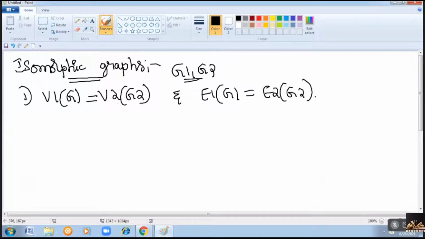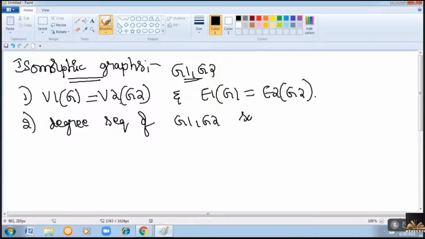The number of vertices and the number of edges in both the graphs should be same. Next, the degree sequence of both the graphs should be the same. The degree sequence of G1 and G2 should be the same.